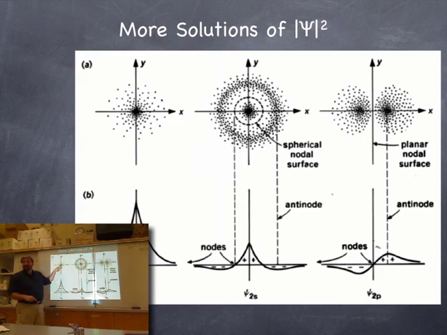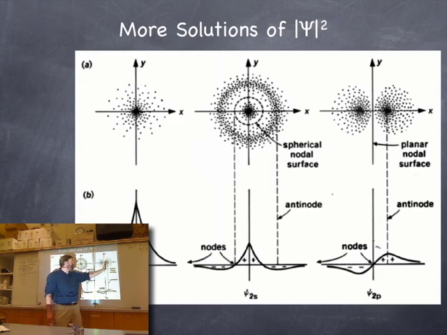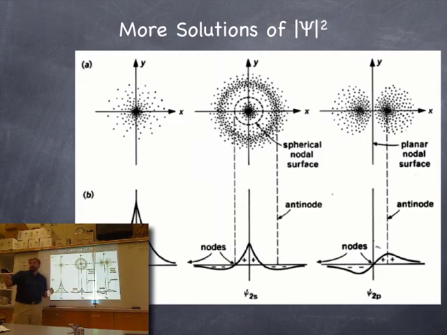That's what we did. This was the lowest, just that center at the nucleus and outside here, and now I have another node inside here. And this is a spherical nodal surface. But there's another solution that has a nodal plane that runs down the middle of the thing and creates this dual-lobed structure.